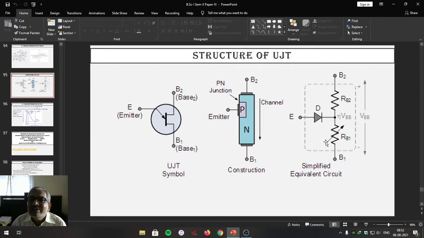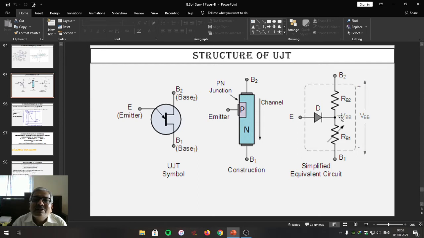By using RB1 and RB2, here we are going to define one factor, called the intrinsic standoff ratio. The intrinsic standoff ratio is defined as RB1 upon RB1 plus RB2, that is RB1 upon RB, where RB equals RB1 plus RB2. It is denoted by eta.